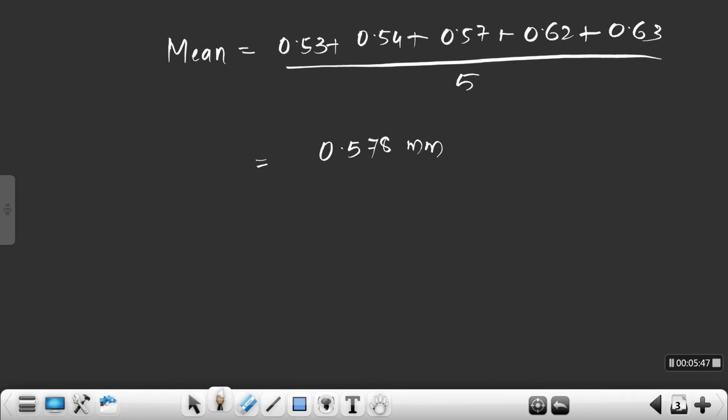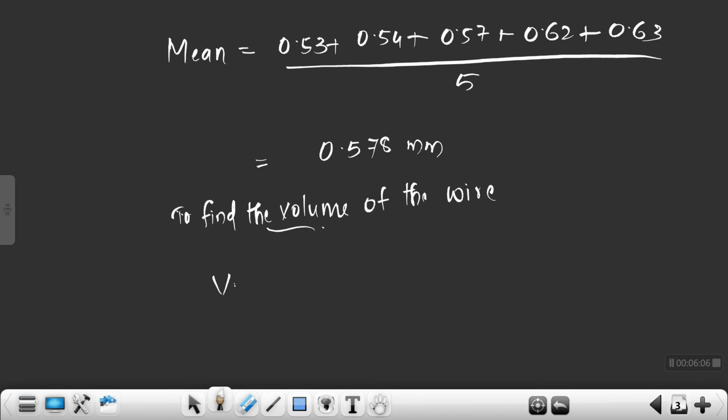Now we have to find out the volume of the wire. So to find the volume of the wire, we know the equation for finding the volume of a wire is equal to pi r square L. So to find the volume of a given wire, we have to find the radius of the wire and length of the wire.